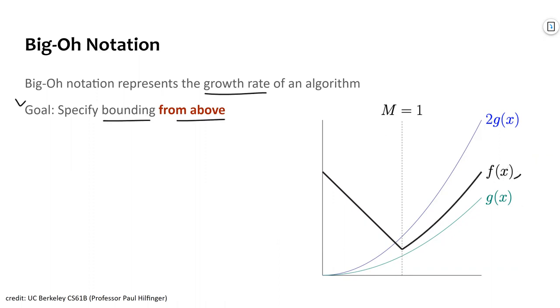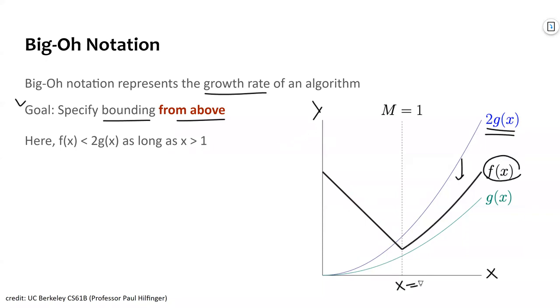Let's say this function f(x) is bounded by 2 times g(x). So this one is smaller than 2 times g(x) all the time. Then we could say, when x is here, this is the x-axis, this is the y-axis, when x is larger than 1, this function is always smaller than 2 times g(x).